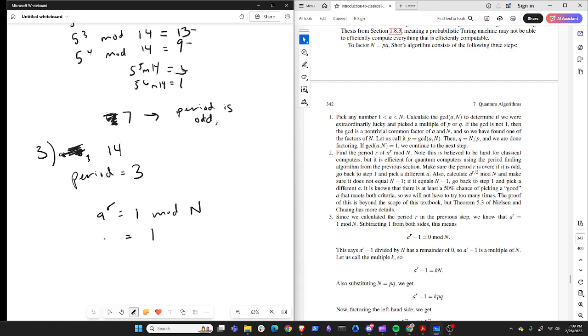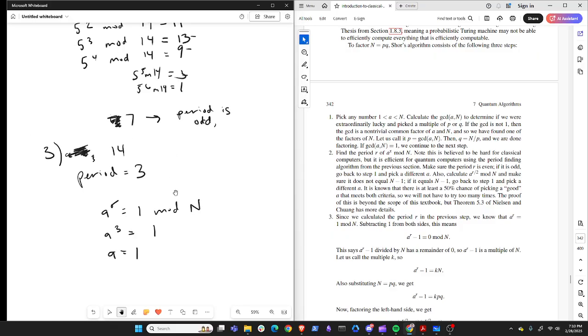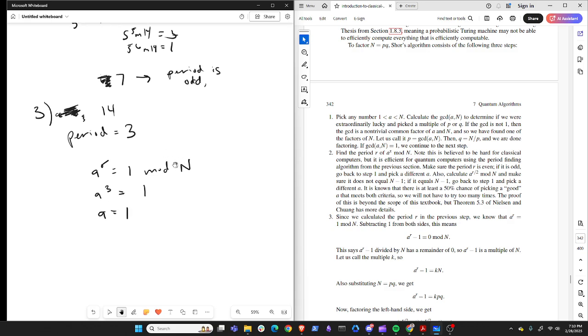So a to the third equals 1. So in this instance, the a that they selected was 1. Sorry, I should move this over. I'll show you this simulator in just a second, as soon as we finish working through this.